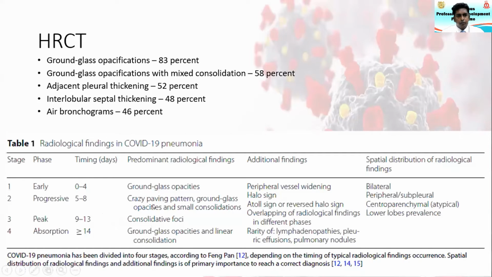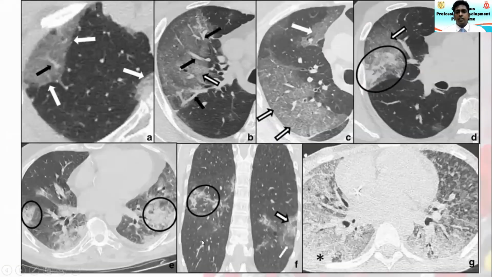In 5 to 8 days, you see the crazy paving pattern with the ground glass. After 9 days, you see foci of consolidation. Then ground glass opacity and linear consolidation are seen in later disease, after 2 weeks.